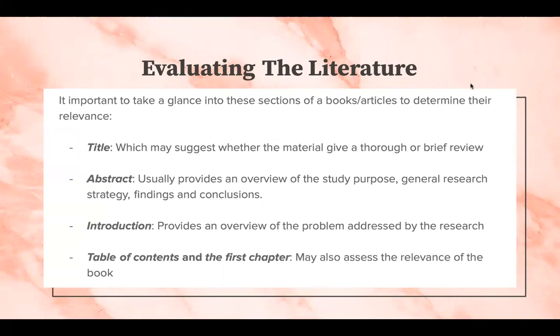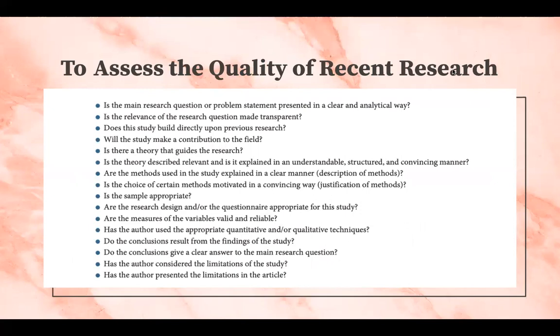The introduction provides an overview of the problem addressed by the researcher. The table of contents and the first chapter may help assess the relevance of the book. To assess the quality of research, you can ask these questions.